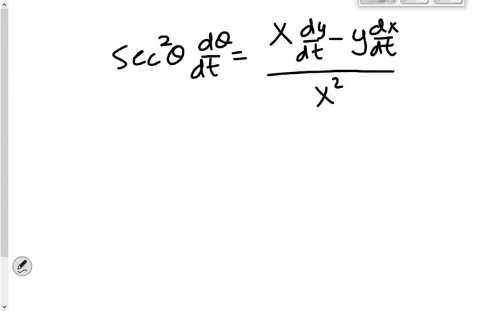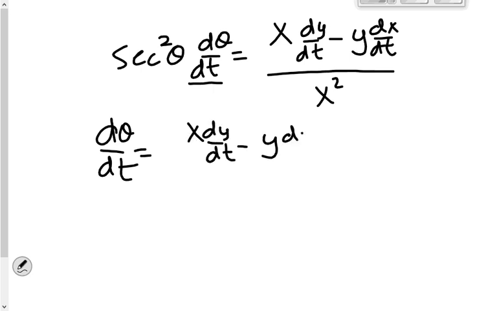And what I'm going to do is divide both sides by secant squared theta, so that I can get my d theta/dt by itself. Fair enough? Okay, so d theta/dt is going to be x dy/dt minus y dx/dt all over x squared secant squared theta.